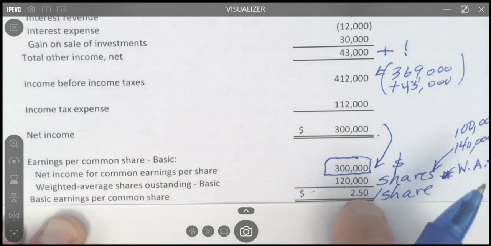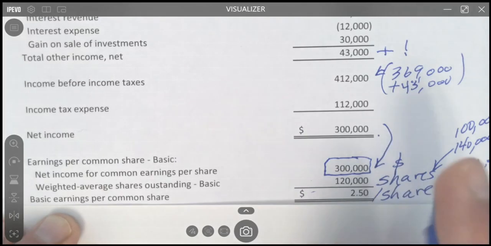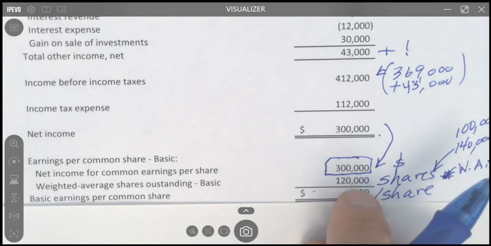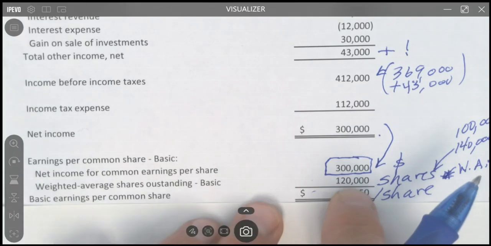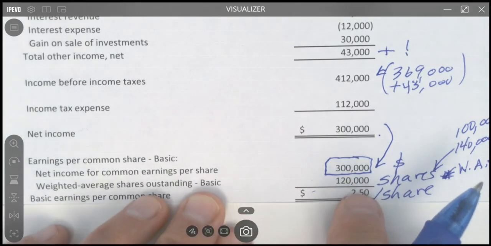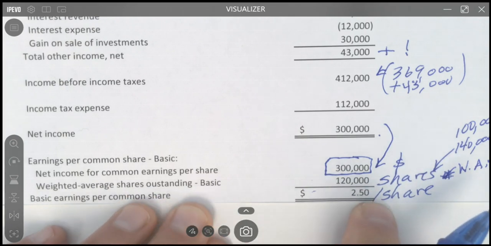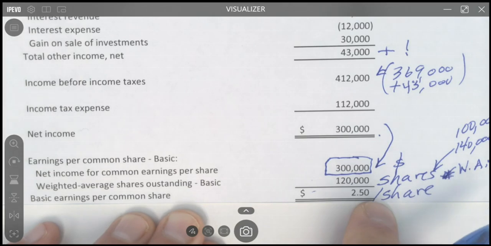Now, think about why we would do this. If we said, oh, it's fine to say earnings per share is 300,000 divided by beginning shares, net income would have been $3 per share. And that would have overstated what it is.